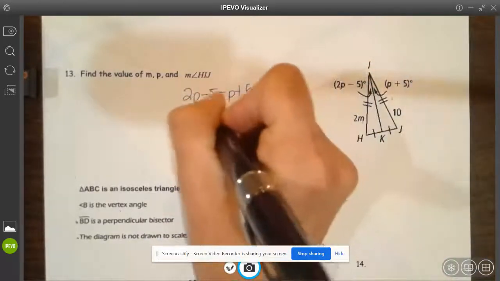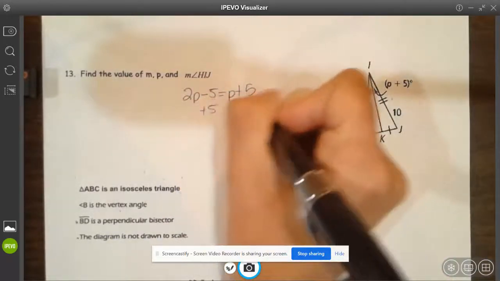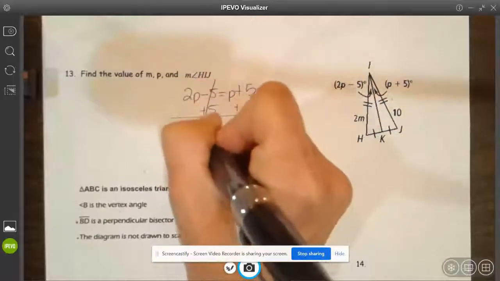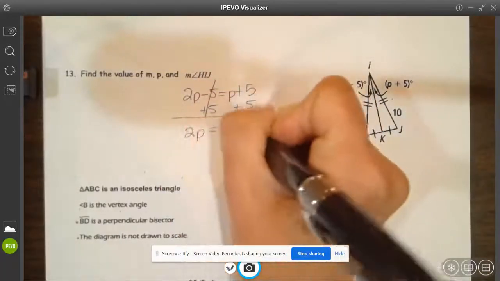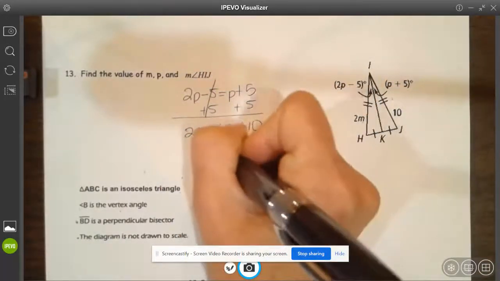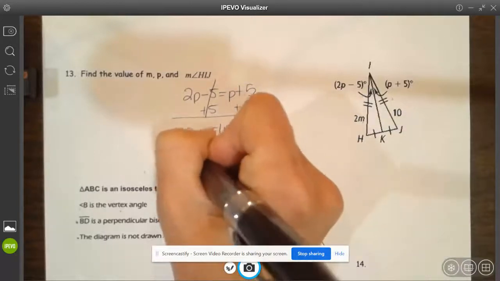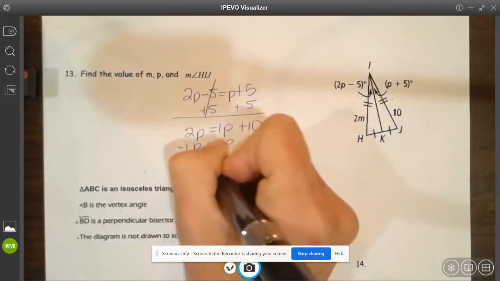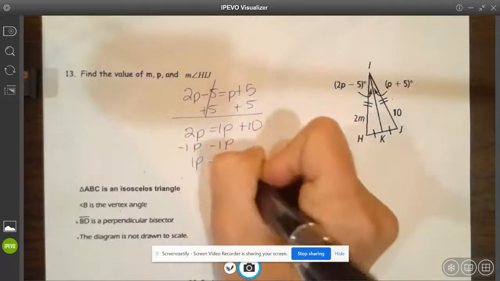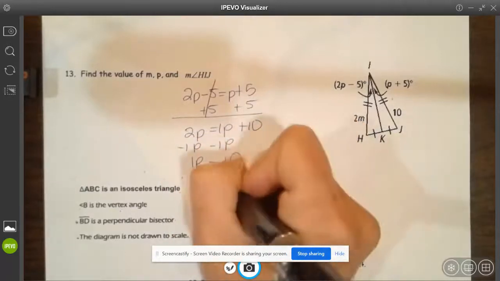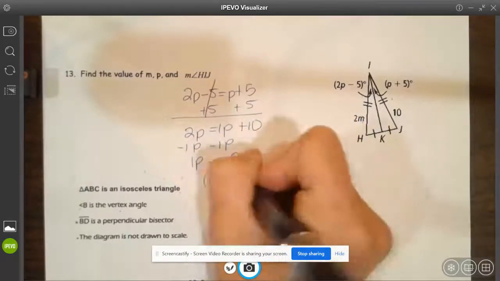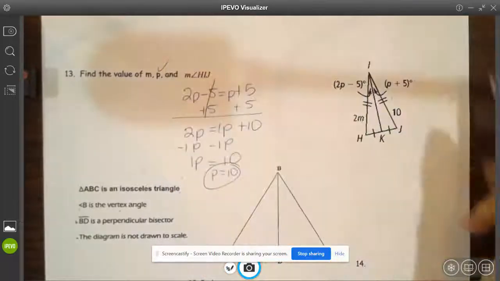So we combine like terms, so plus 5, that goes away. 2p equals p plus 10, and then minus 1p minus 1p, 1p equals 10, and then it's p equals 10. So we know what p is also.